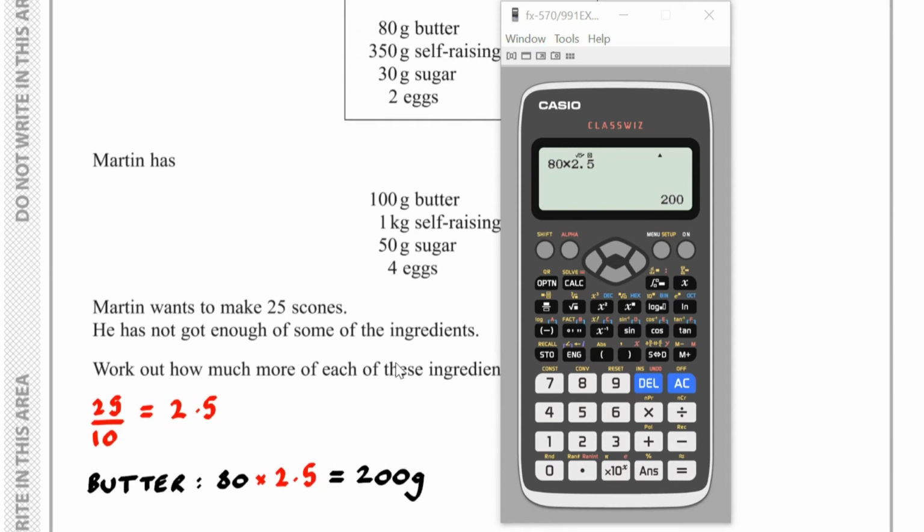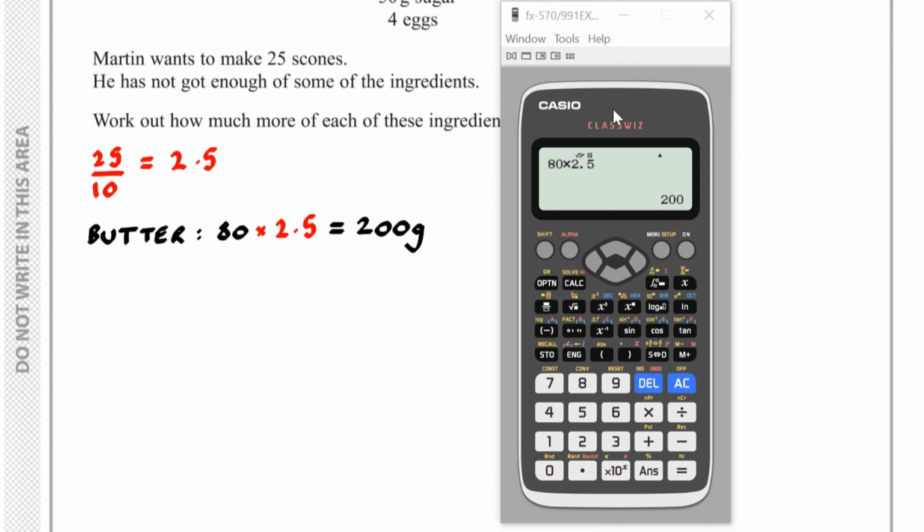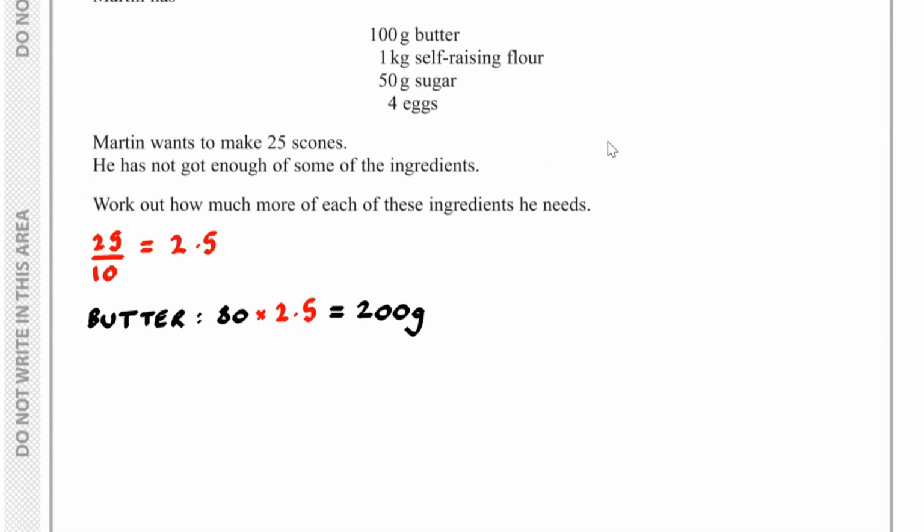So how much more butter do we need? Well, we've got 100 grams so far, so the amount we need is equal to 200 take away the 100 which we have already. The amount of butter we need is 100 grams more.